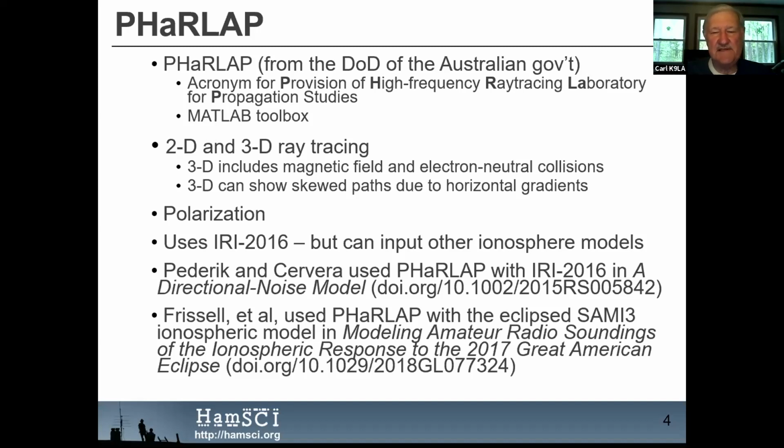What they did is they input an eclipsed SAMI3 ionospheric model. So that's kind of neat that you can do that. Now, I'm not saying it's simple, and I think maybe Nathaniel might agree with that. But I guess once you start using FARLAP and do it a lot, it gets simpler and you get used to it. So FARLAP is pretty good.